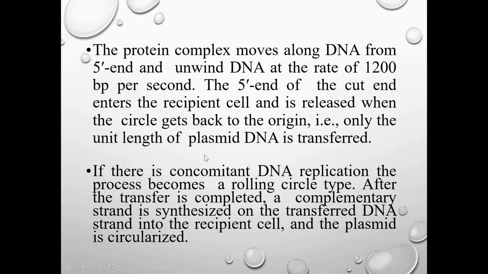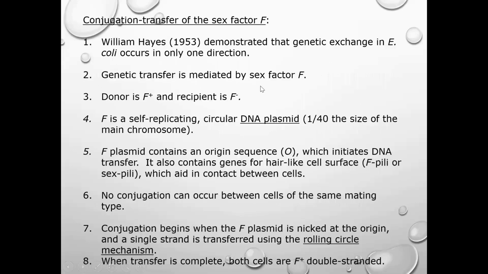When complete transfer of this plasmid occurs from the F plus cell to the F minus cell, this mating resolves between the two cells. So how does this transfer occur? William Hayes in 1953 demonstrated genetic exchange in E. coli.